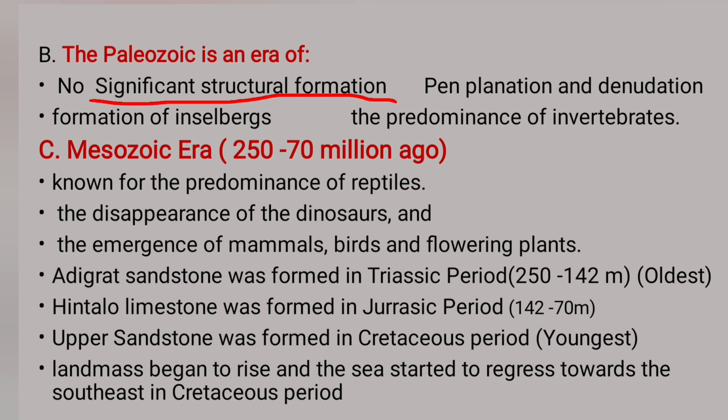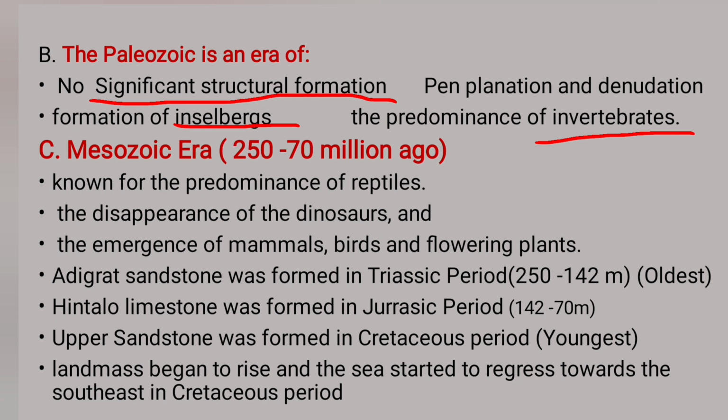Again, formation of inselbergs takes place. The predominance of invertebrates is the other important event of the Paleozoic era.